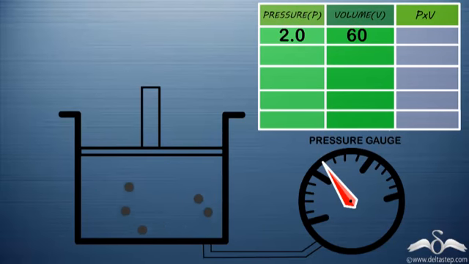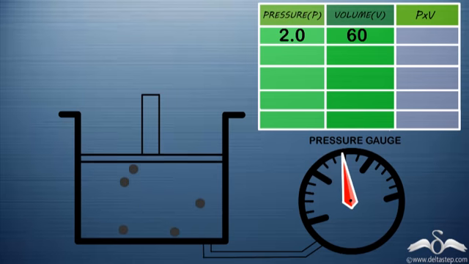So let's see a small experiment. A gas is enclosed in a container. Now we'll increase the pressure, which can also be seen through this pressure gauge. We increase the pressure from the top. So as the pressure is increased, the volume decreases. You see the values.